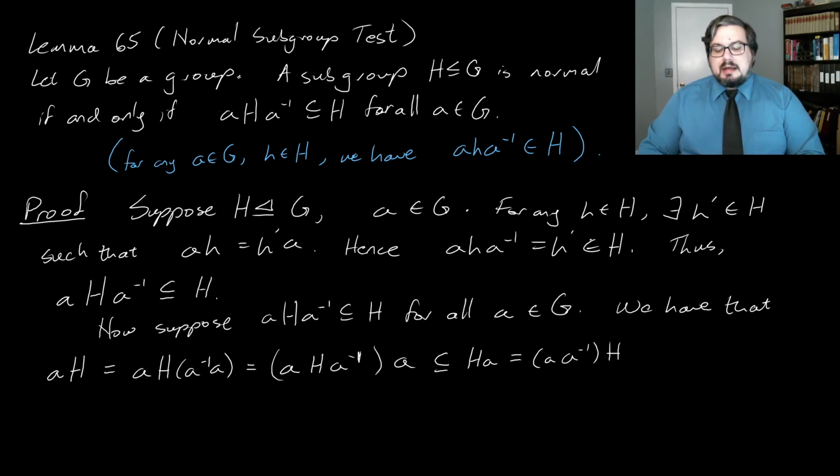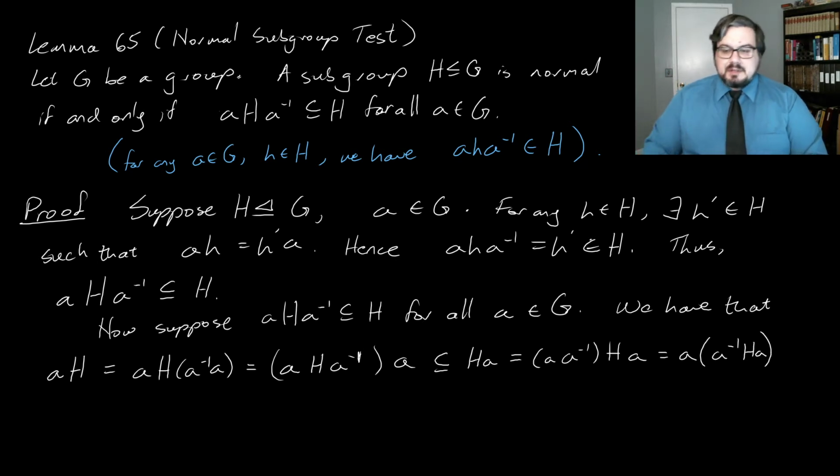So I can put an a times a⁻¹ on the left of this set Ha, because of course a times a⁻¹ is the identity. And again, we can write this as a times a⁻¹Ha.